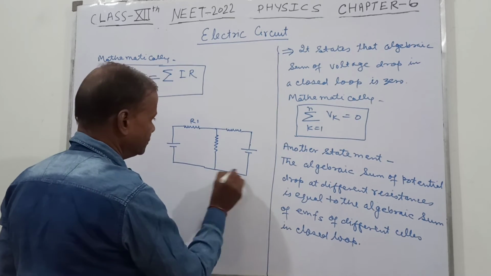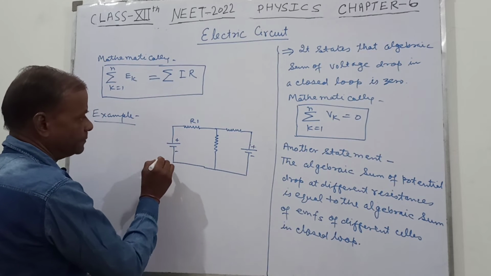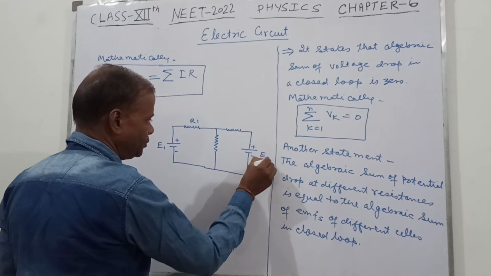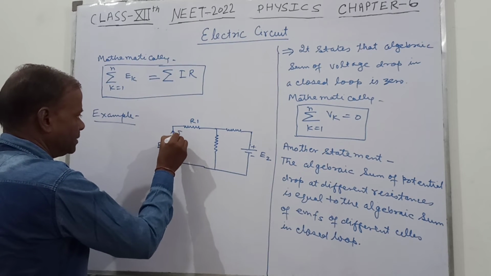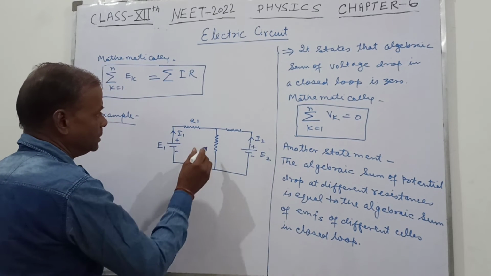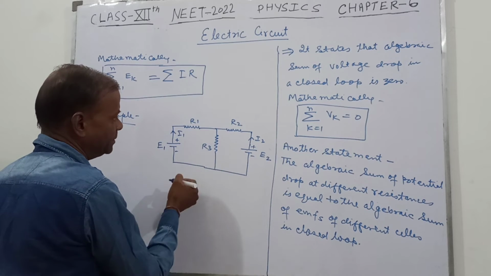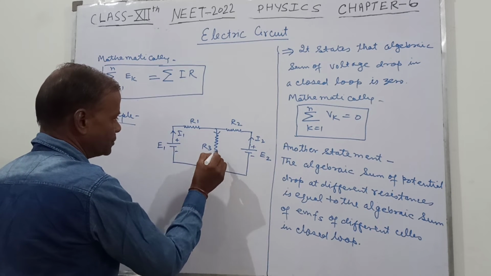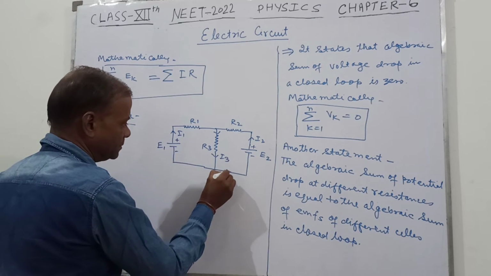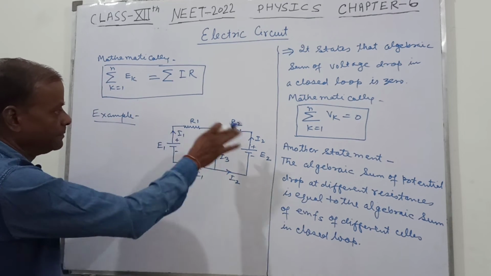Now let this be positive and negative. Its EMF is, suppose, E1, and this is E2. It is giving the current I1, and this is giving the current I2. This is R2, and this is resistance R3. Here the current flowing is I3. And here this is I2 and here this is I1.